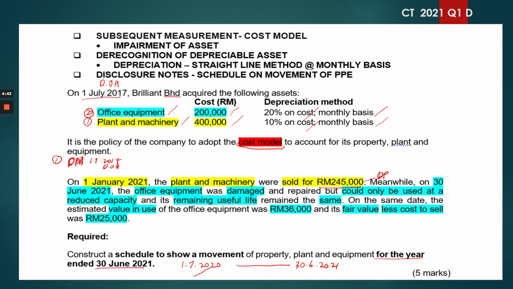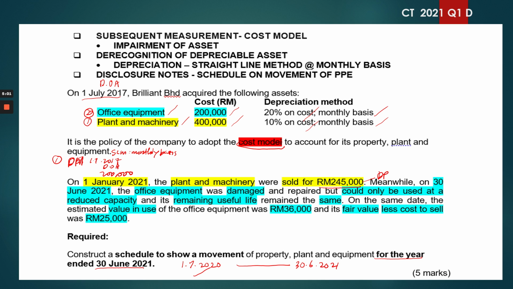So the date of acquisition, you have the 200,000 to be the amount, and all the information is given there, straight line method for the depreciation, and that was monthly basis.